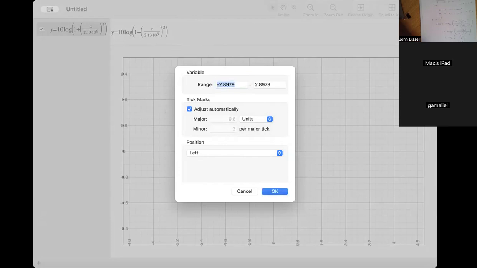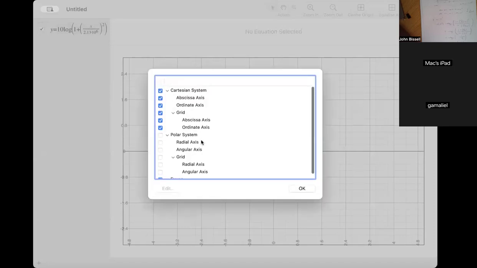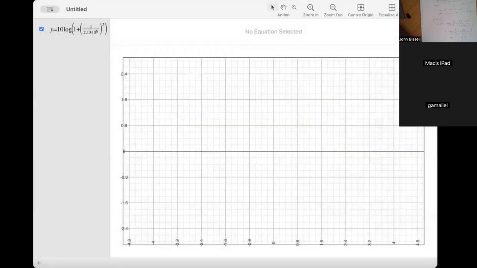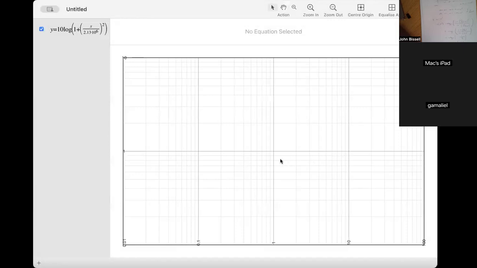Hang on, axes, format axes. Right. There we go.